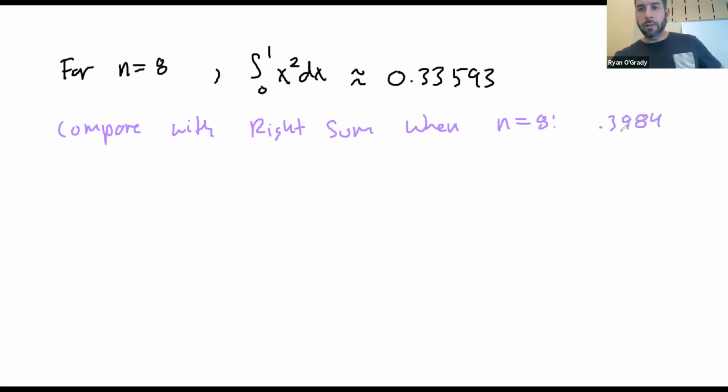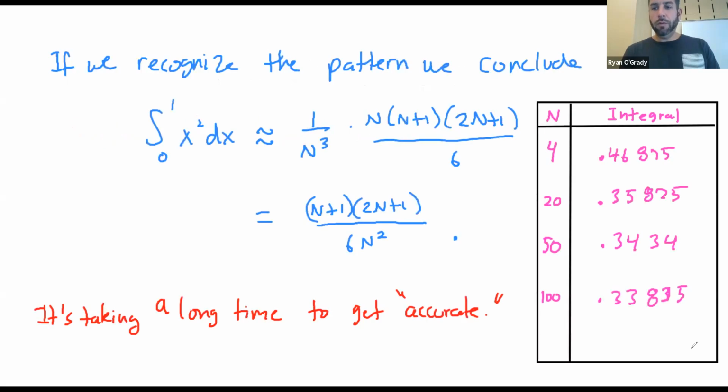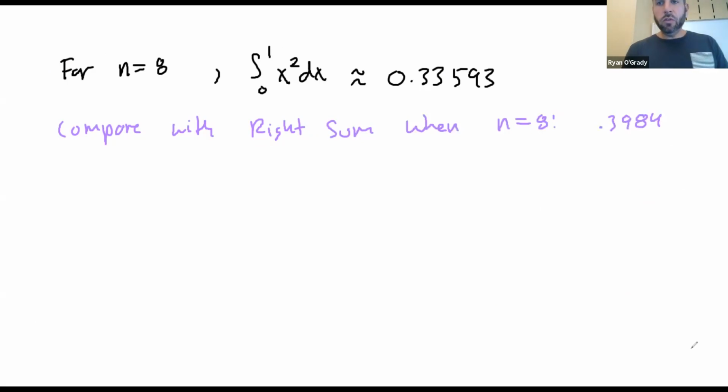Let's check. We have to go back a couple pages. Oh, we didn't do that, but you would have. See, with even 20, no worries, Muhammad. With even 20, it took us 20 rectangles using a right Riemann sum to get 0.33.